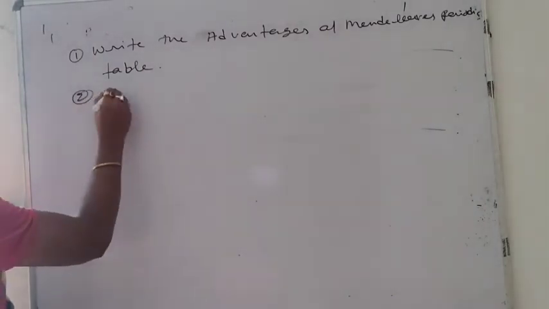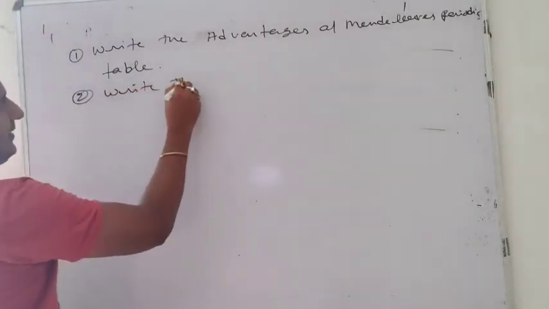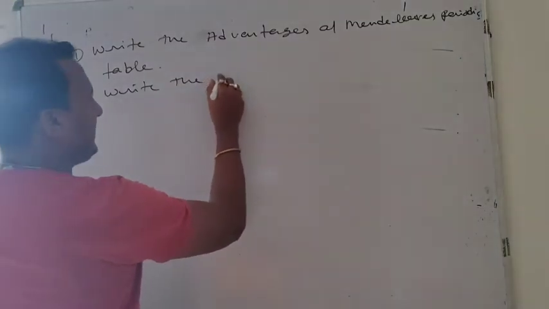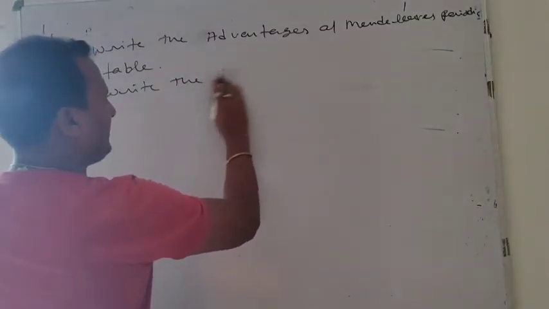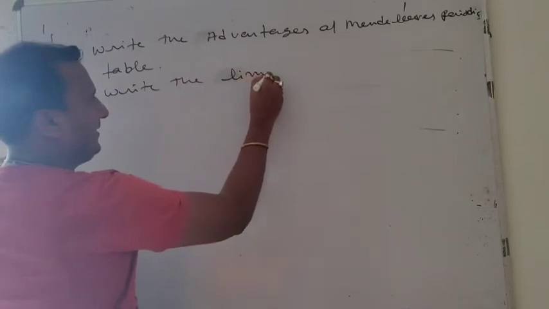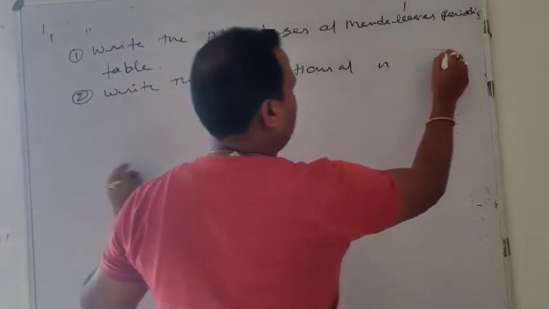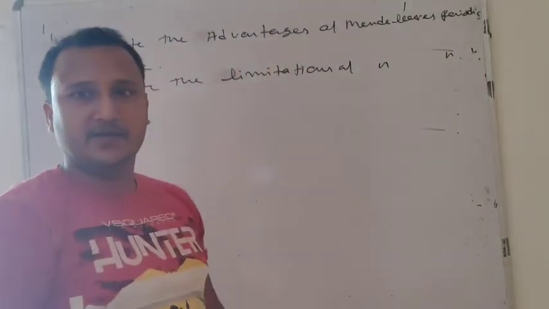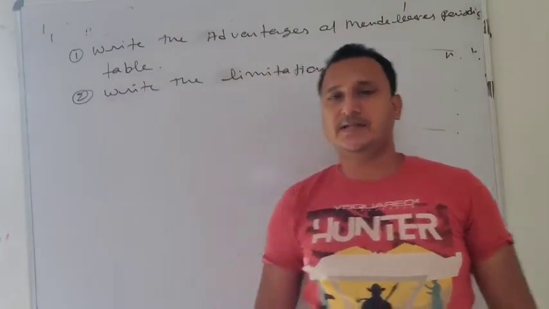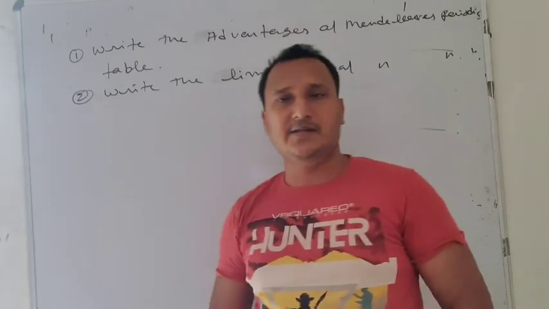Number 2, write the disadvantages or limitations of Mendeleev's periodic table. So these are two important questions which are generally asked in the examination.